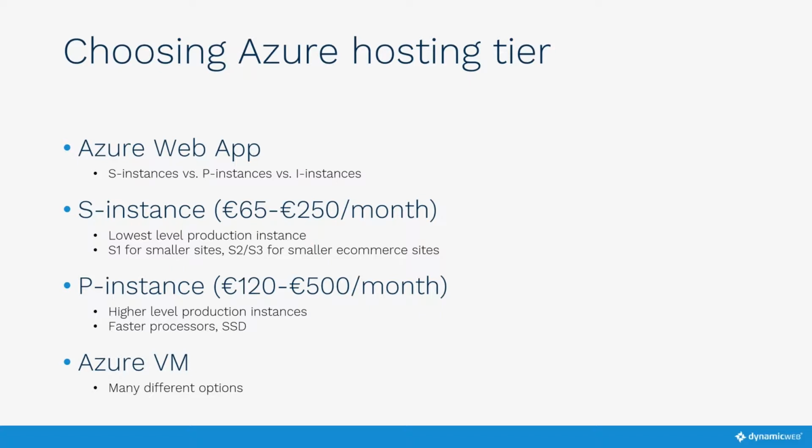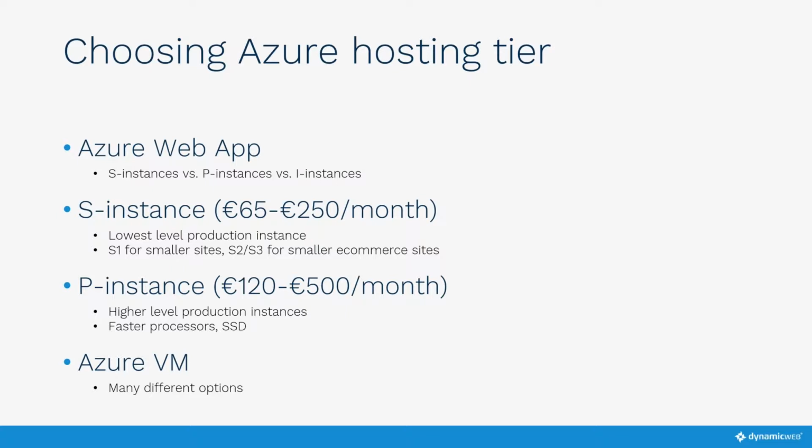It basically is the same as an S1, except we have double the amount of RAM available, and we have much more IO available. So I would go for P instances if you have a medium-sized e-commerce and up, or just above a small one. The last option is the I instance. I didn't include it here, but that is if you have a mission-critical website, you should choose an I instance, which is a dedicated resource.